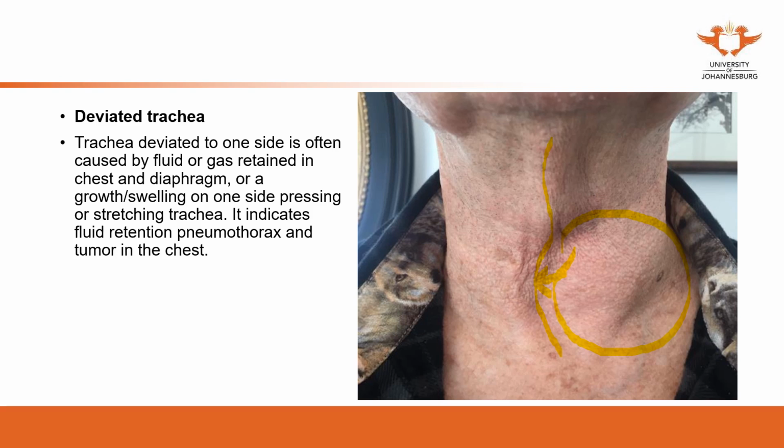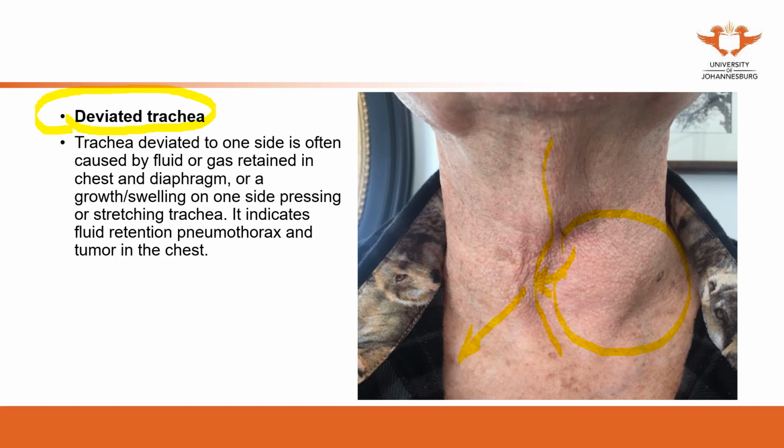It is just a phenomenon that we can see, but from this manifestation, we need to think about what's the cause behind it. It can be water retention in the chest, especially on one side of the chest, or a tumor or cancer in the neck area or in the lung. Some of them also can pull the muscles to one side. That also can result in a deviated trachea.